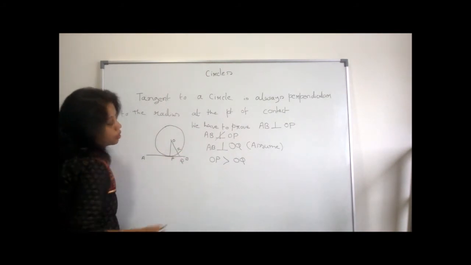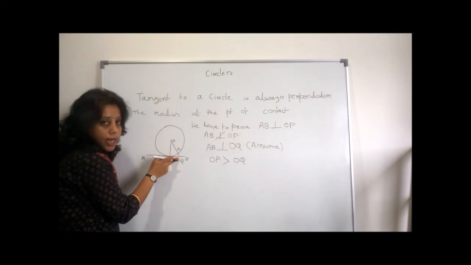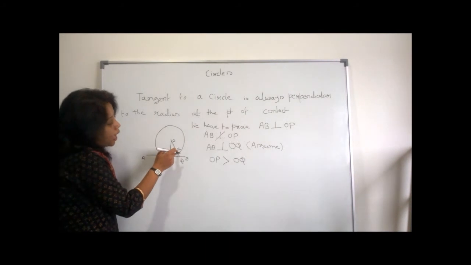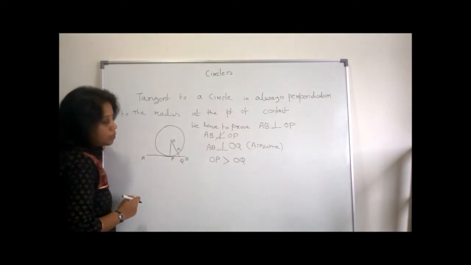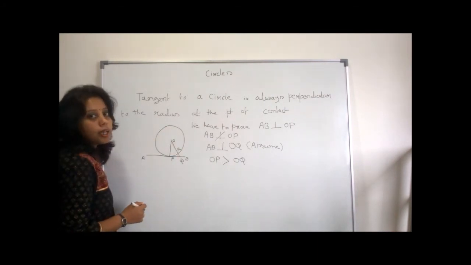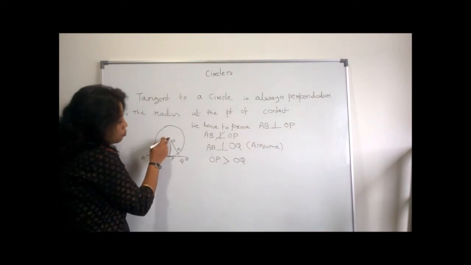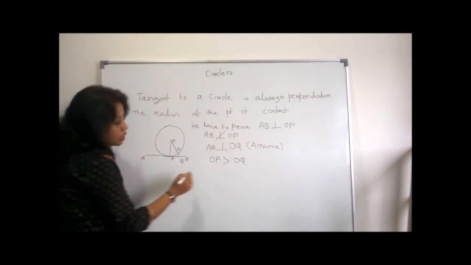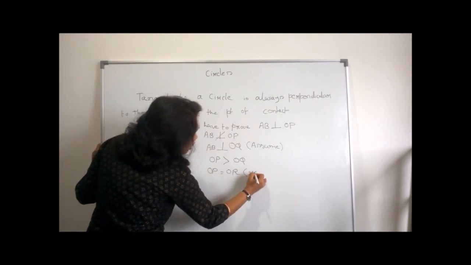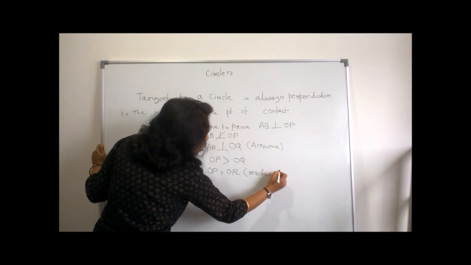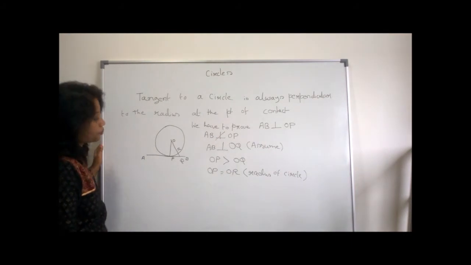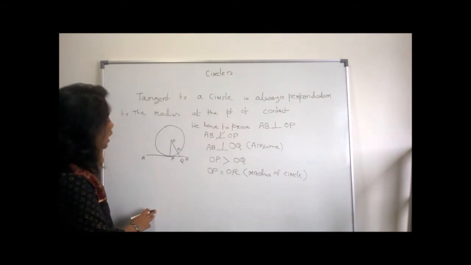Let it be R. As Q is an exterior point, the line OQ touches the circle at the point R. But here you see that OP and OR are both radii of the circle, so OP and OR are equal.